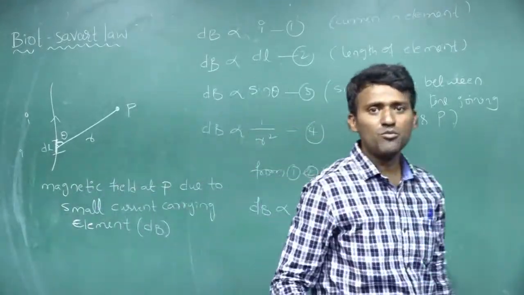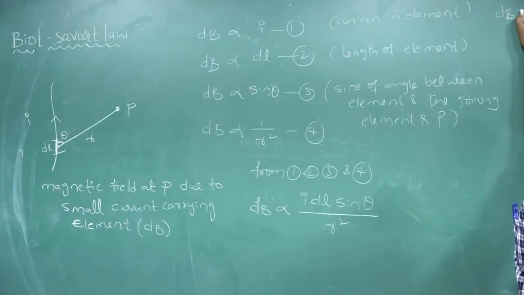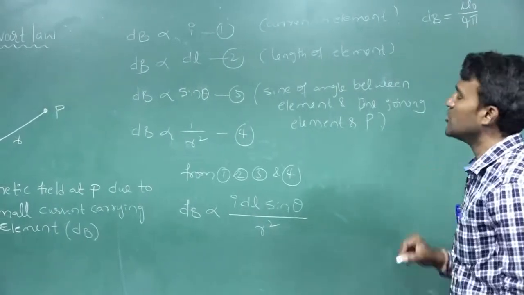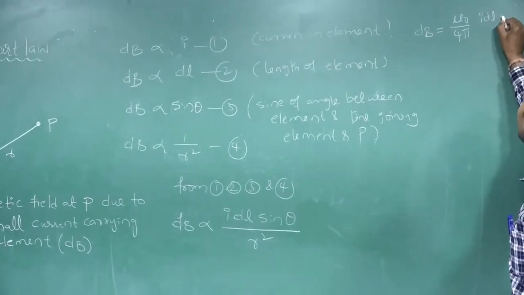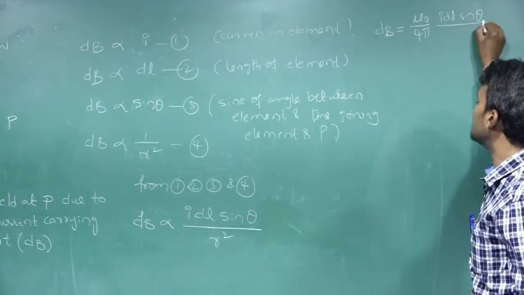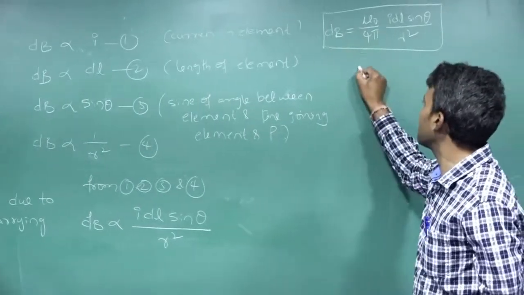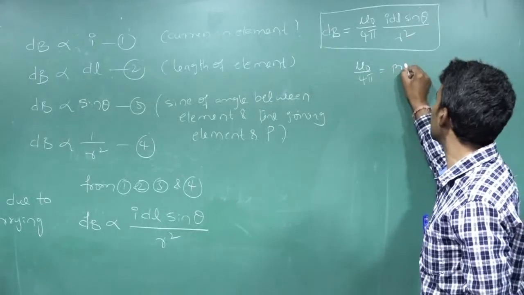When you remove the proportionality, dB is equal to mu naught by 4 pi into I dl sin theta divided by r square. Here mu naught by 4 pi is the proportionality constant.